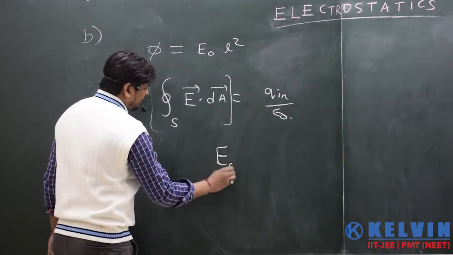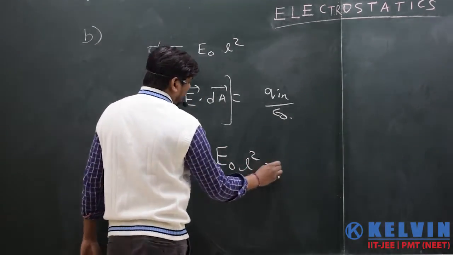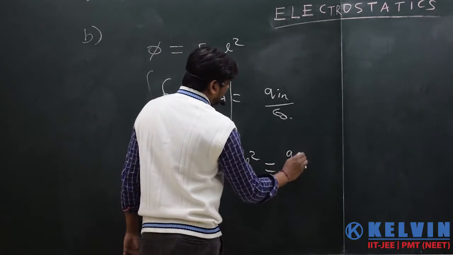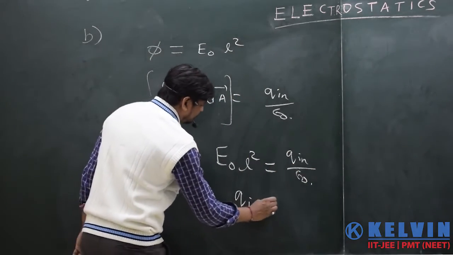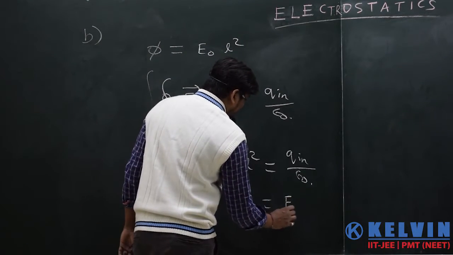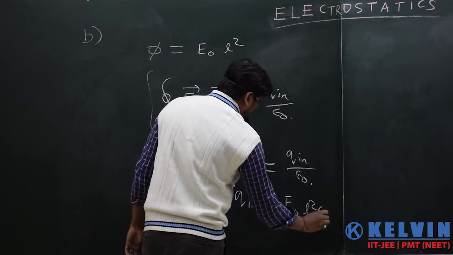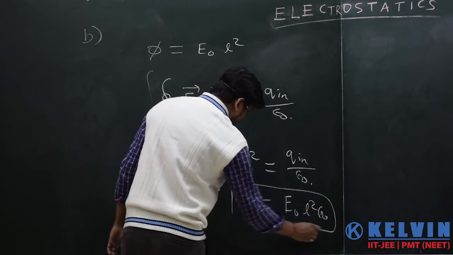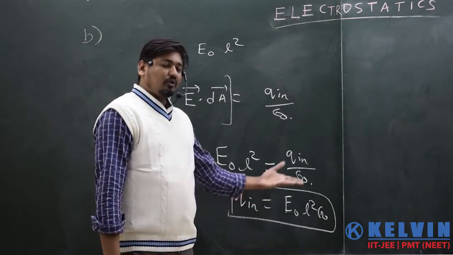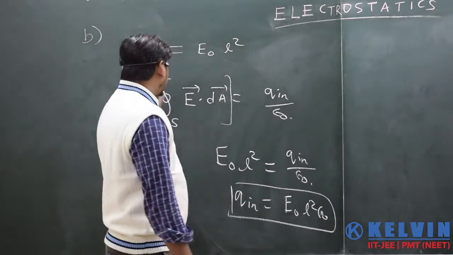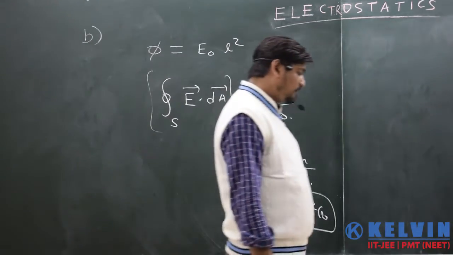So I am writing it as E naught L square, and it is equal to Q inside upon epsilon naught. So you will get Q inside equals E naught L square epsilon naught. So this is the total charge enclosed inside the cube, and it is the answer of part B.